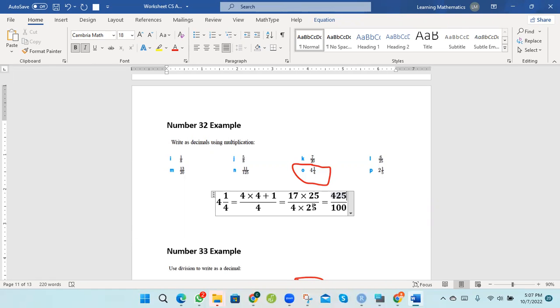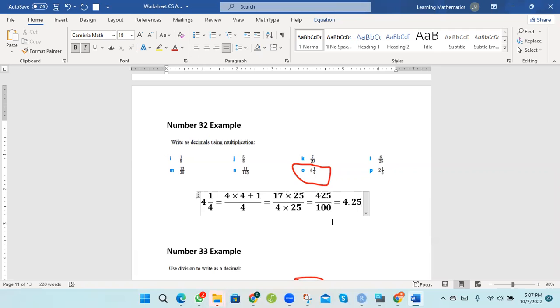Can 4 go into 100? Yes, 25 times. So if you multiply 4 by 25, you're going to get 100. Now, for the fraction to remain the same value, what you do to the denominator, you must do to the numerator. So we have to multiply 17 by 25 also. You get 425. And it is very easy to divide by multiples of 10. 425 divided by 100, all you do is shift the decimal point 2 places to the left, 4.25.